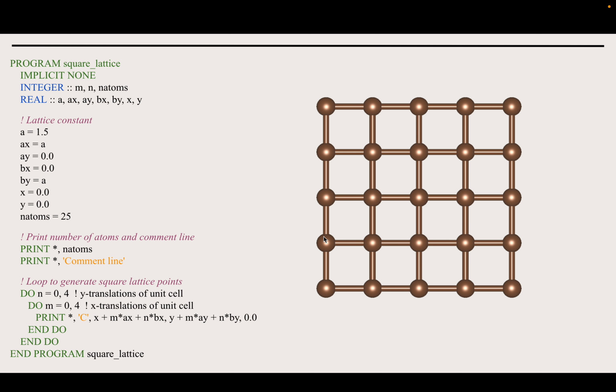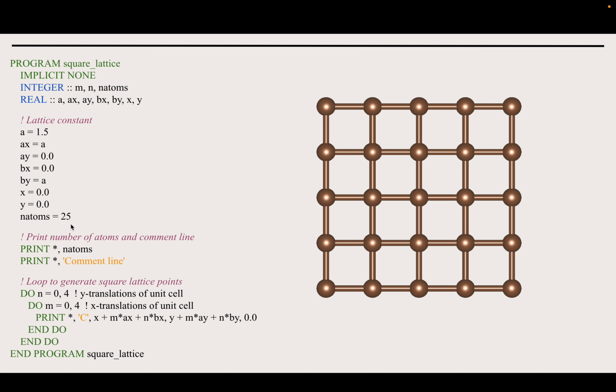And along the y axis, the x component of the vector, bx, is 0 initially, but the y component of the vector, by, is a. And x and y are nothing but our origin, that's why they are initialized with 0 and 0. The number of atoms I have taken is equal to 25, and why 25, I will tell you.